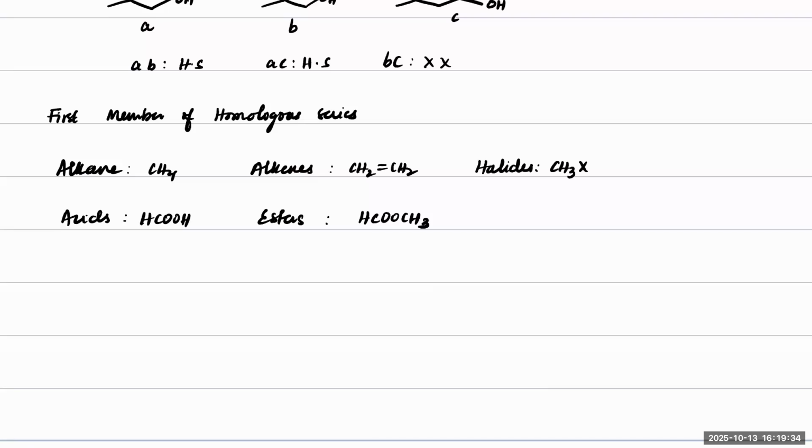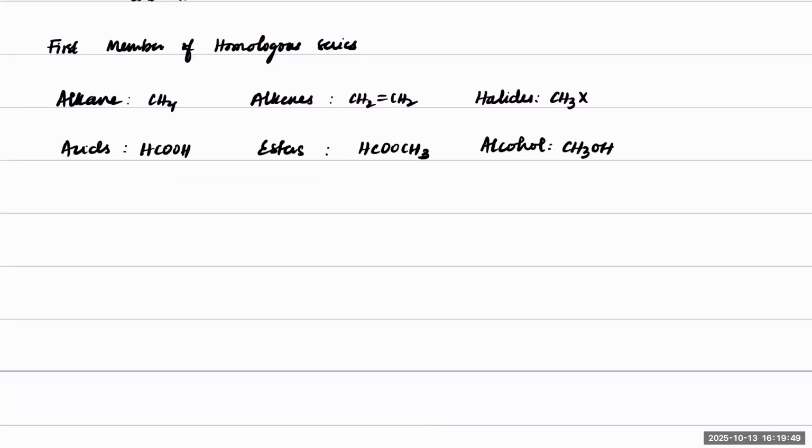Please remember how it is. For alcohol, the first member of the series is CH3OH. From here you just keep increasing one carbon at a time, and then you will get to know how to write the homologous series. Clear with that, right? Very good.